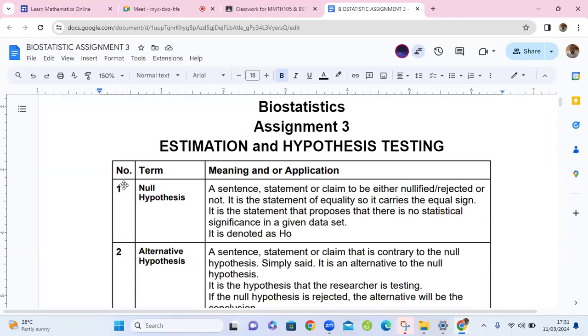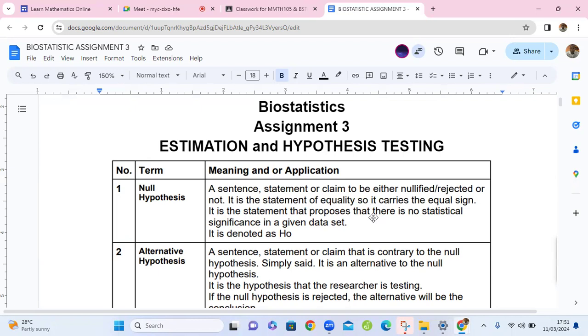Number one, we need to know what the term null hypothesis stands for, the meaning and application thereof. So the null hypothesis is a sentence, a statement or claim to be either nullified or rejected or not. It is a statement of equality, so it carries the equal sign.